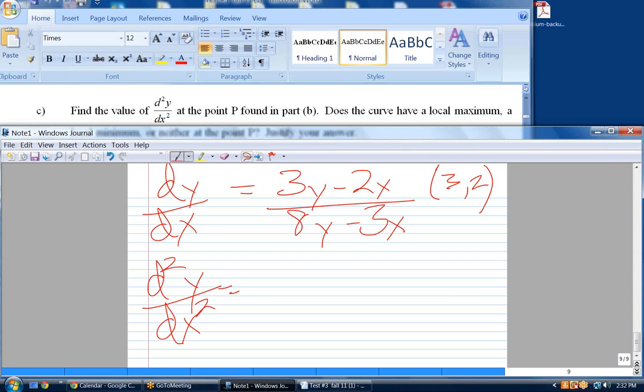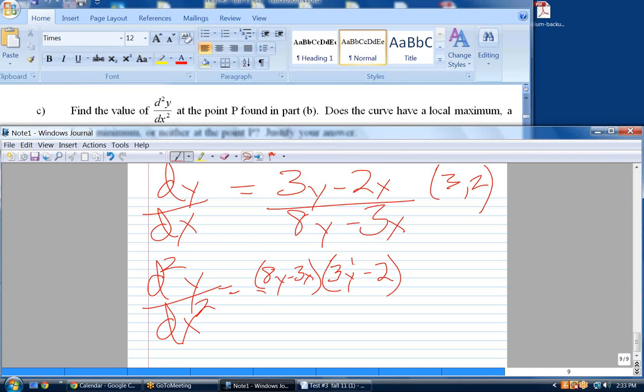So we have to do the quotient rule. First we have 8y minus 3x times 3y prime minus 2. We're taking the bottom times the derivative of the top.